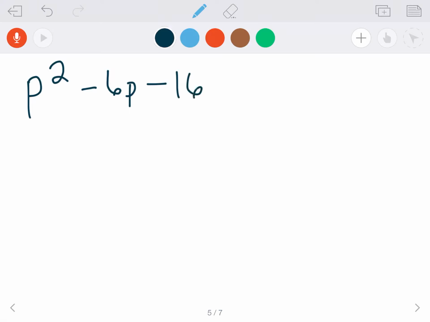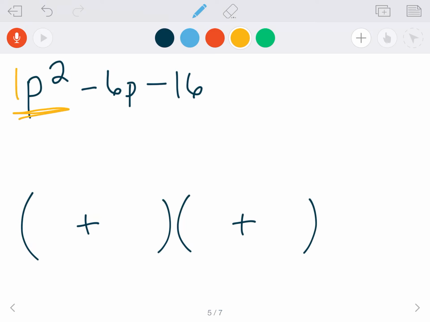So notice this time that both the linear term and the constant term are negative. Okay, so first things first, I'm going to create my two sets of binomials. Looking at my quadratic term of p squared, I know 1 is the coefficient, so the only way to get 1p squared is to multiply p times p.